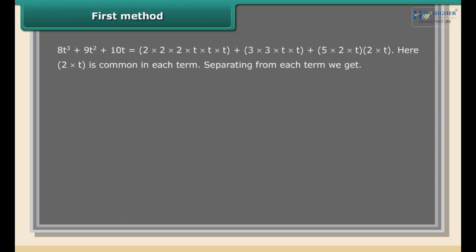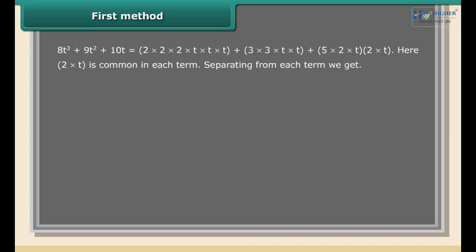First method. 8t cubed plus 9t square plus 10t is equal to 2 into 2 into 2 into t into t into t plus 3 into 3 into t into t plus 5 into 2 into t. Here 2 into t is common in each term.